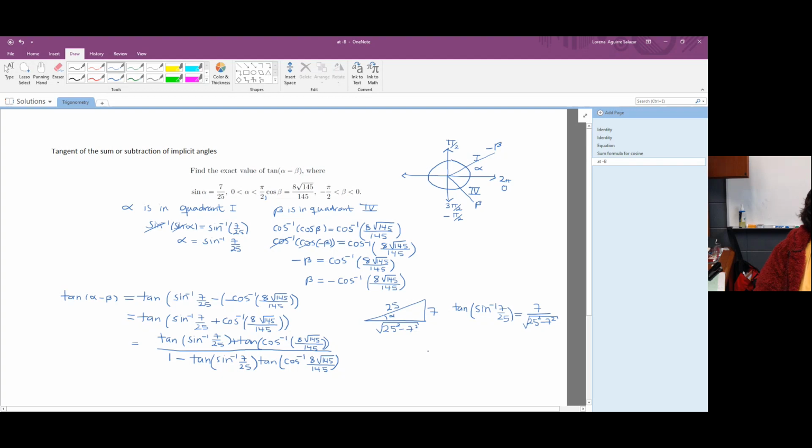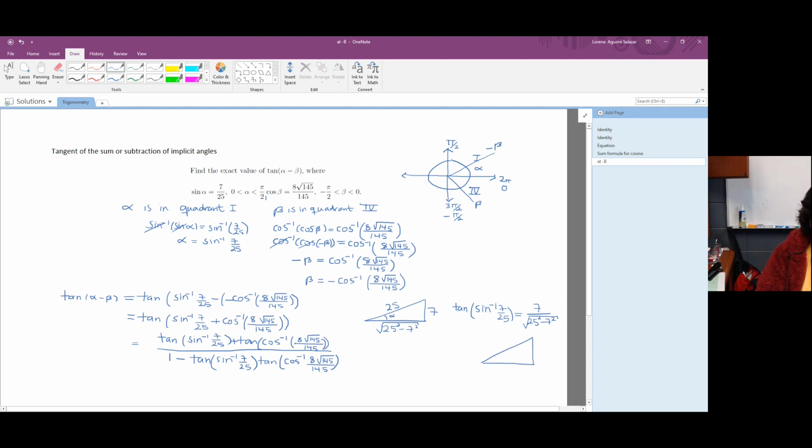And then the next triangle has to do with the inverse cosine of 8 root of 145 over 145. So let's draw a triangle here. There we go.